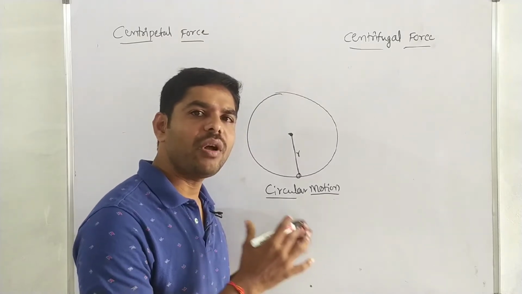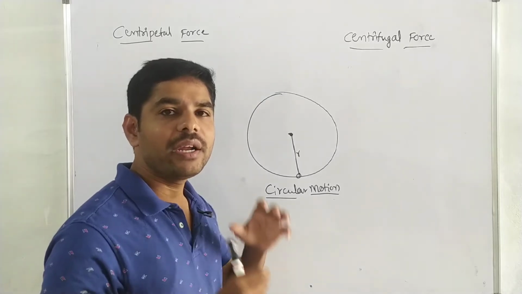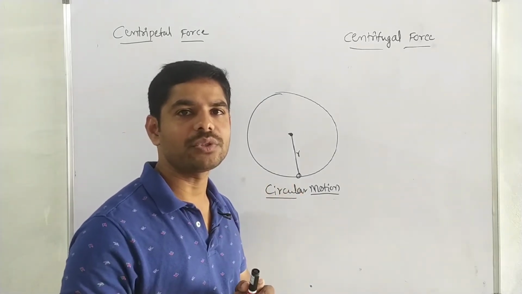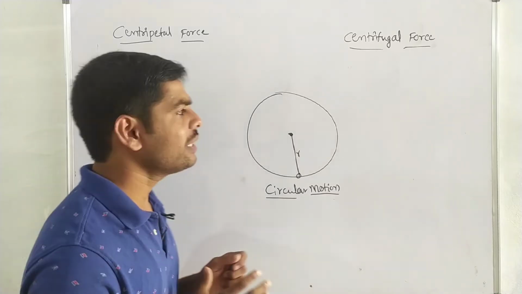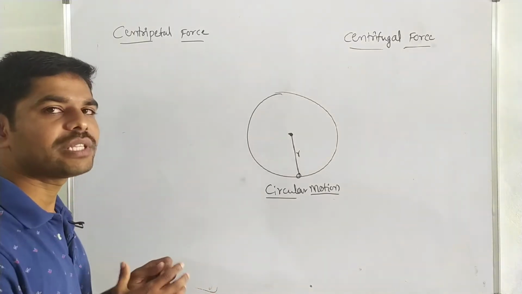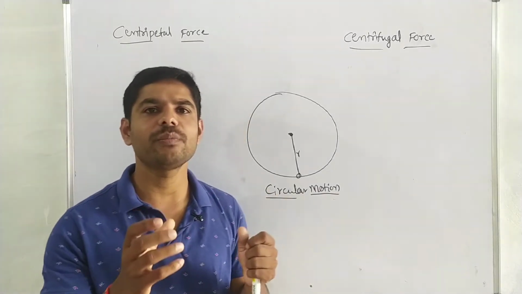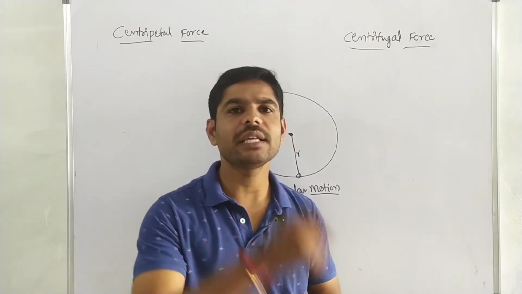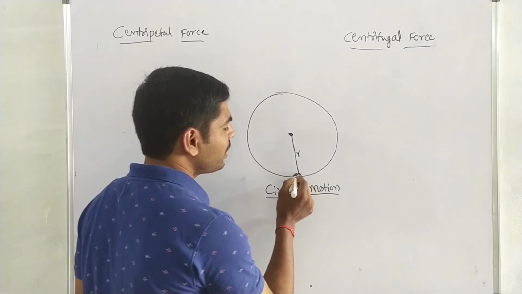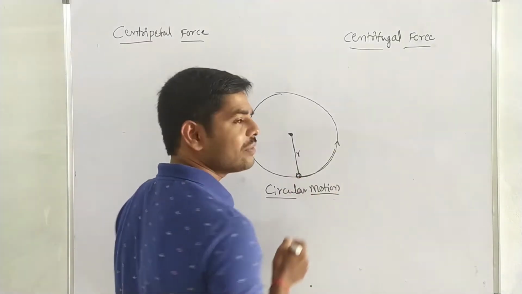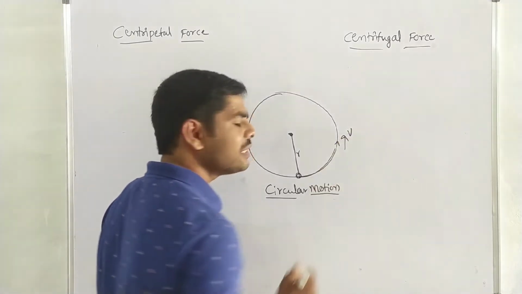While it is revolving like this, two forces are required to revolve an object in a circular motion. A major force is centripetal force. So now I am going to discuss centripetal force first, and after that centrifugal force. Generally, if you tie a stone with a thread and rotate it with a fixed point, the stone will revolve with velocity v.